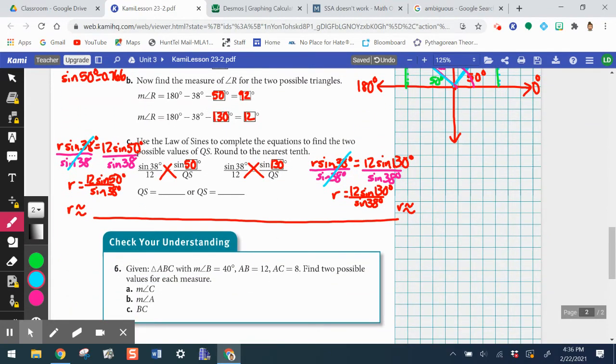So on item C, we're actually going to write two equations because we don't know which angle measure S is. And if we don't know which angle measure S is, we don't know what measure of angle R is. And so we're going to write two equations to find the two different possible values of QS.